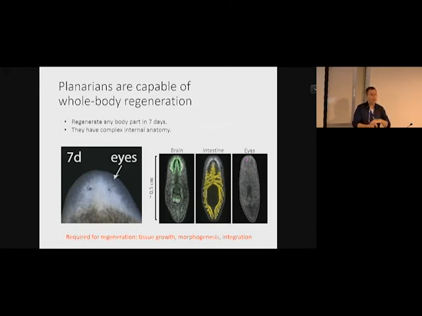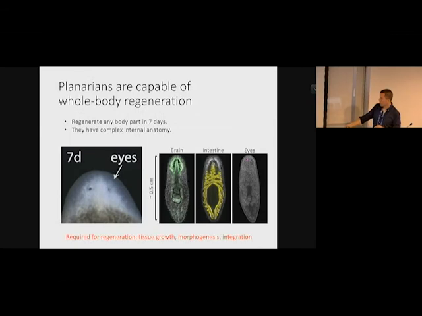If they can't do that, they will still regrow tissues, but not the tissues that they need. They are not going to form a predictable head and a tail. They'll form, for example, a head and a head. Okay, let's move forward.